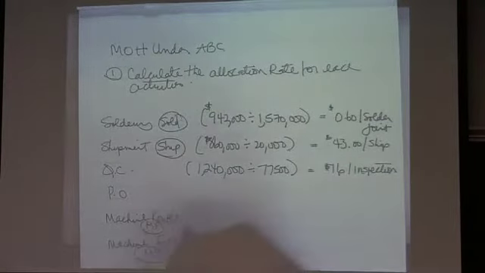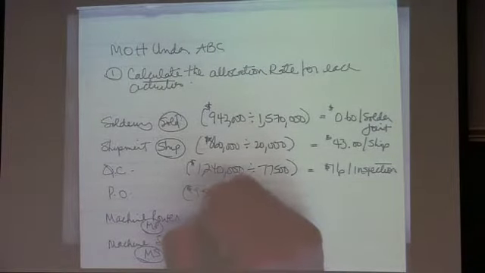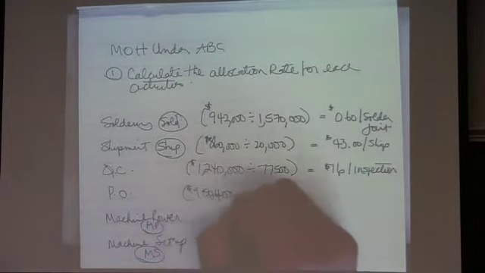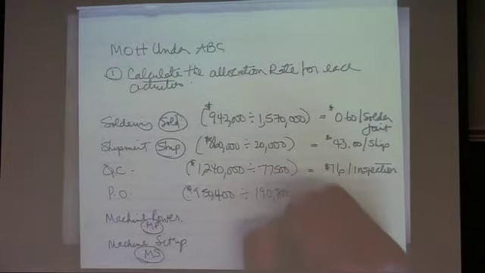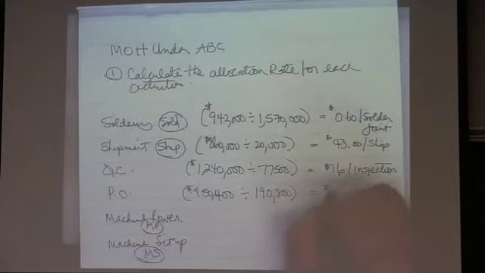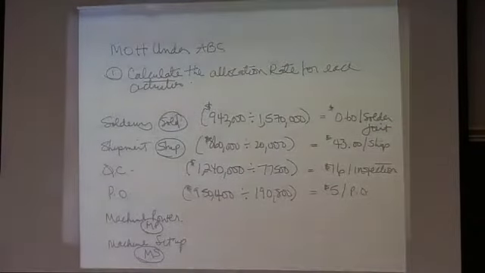For purchase order, we have 400 divided by 190,800 purchase orders. That gives me $5 per PO, purchase order. So it's a simple mathematical calculation. So this is the step where we need to determine the cost per activity.